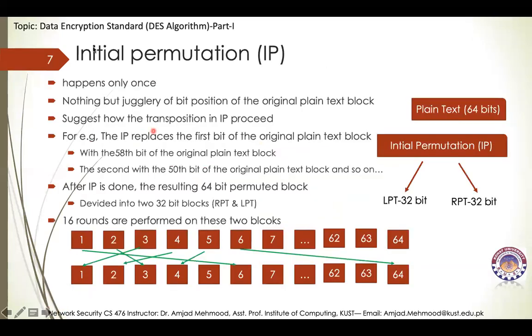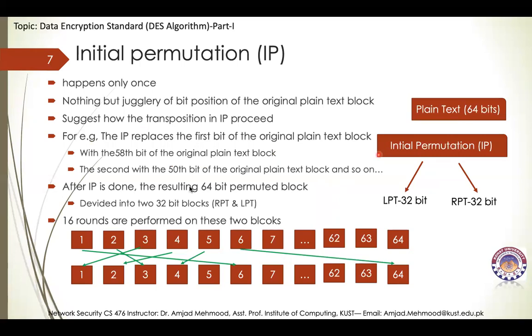Now, the initial permutation, as I showed in my diagram, happens only once. It is nothing but jugglery of the bit positions of the original plain text. You can see here that you have a plain text of 64 bits, and then you perform initial permutation. Initial permutation means that you will be changing the bit positions.